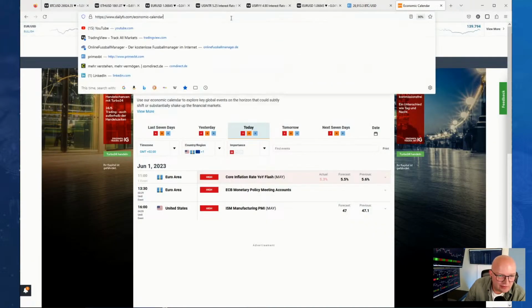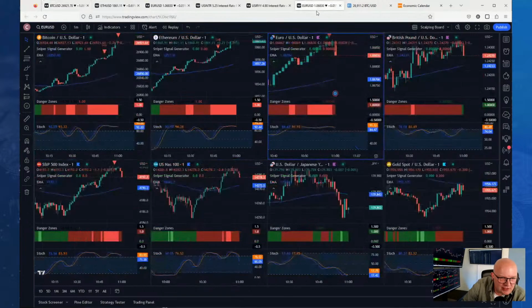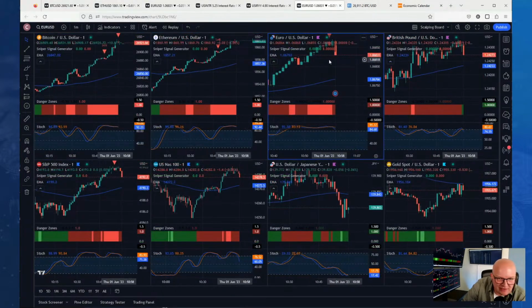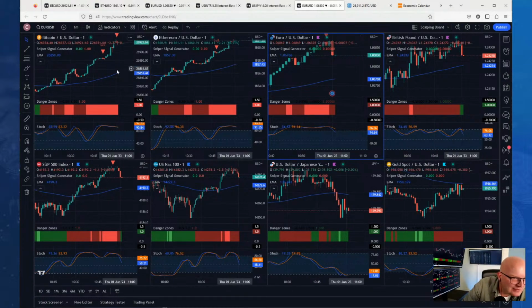So how was the core inflation? 5.3, so much better than the forecast. Forecast was 5.5%, and it came in at 5.3%. So that should actually be good for markets, but not seeing really a lot of action here. So it's a bit of a non-event. Also here, this kind of looks so big, but it's really not.